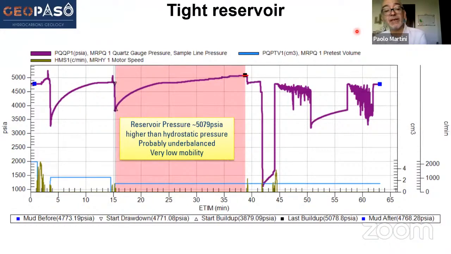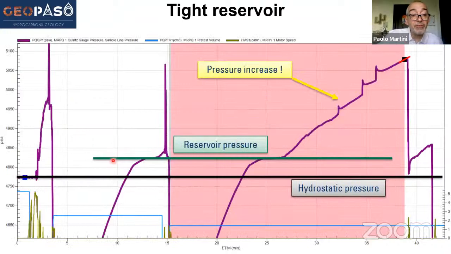If the underbalance is not very much, for example, it looks in here when it's sort of stabilized before starting to grow again, the pressure level was something like 4,825.